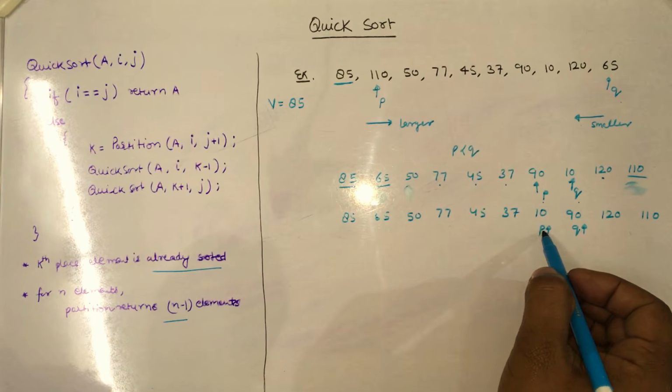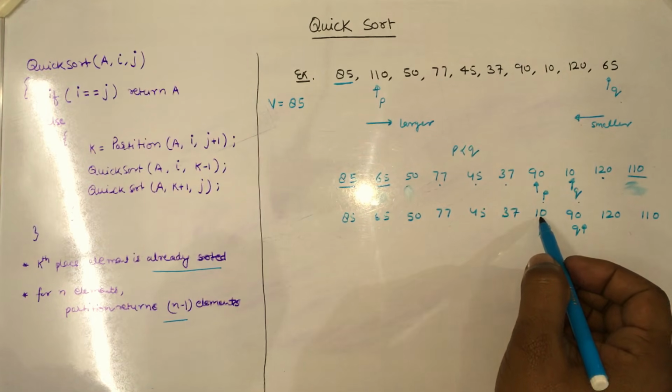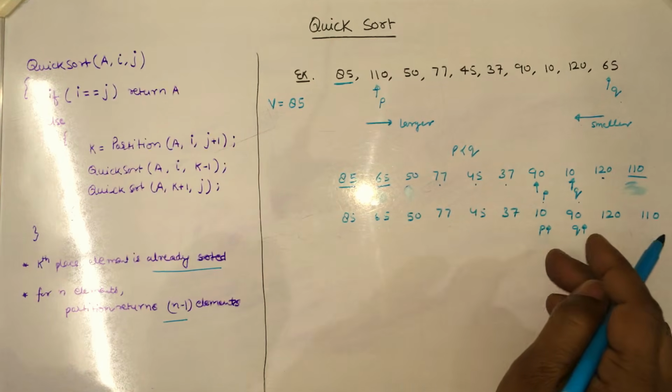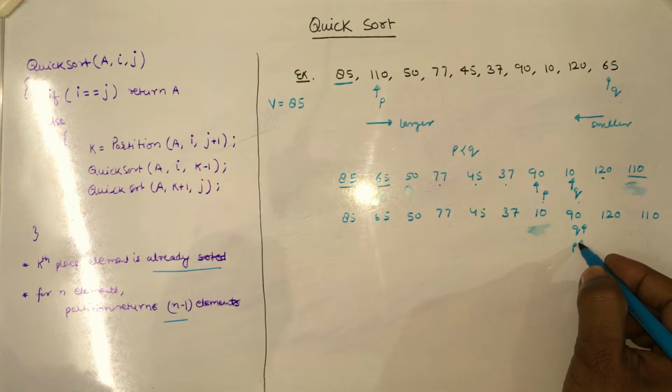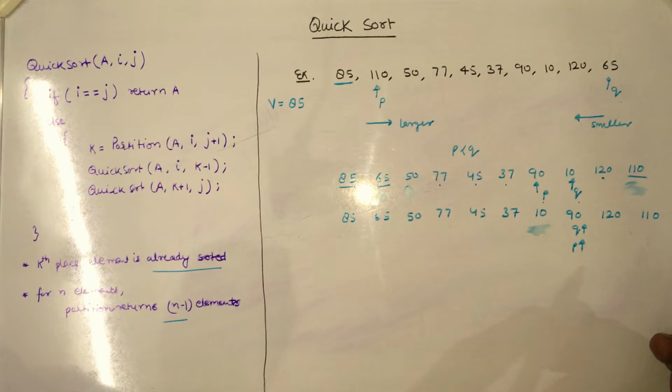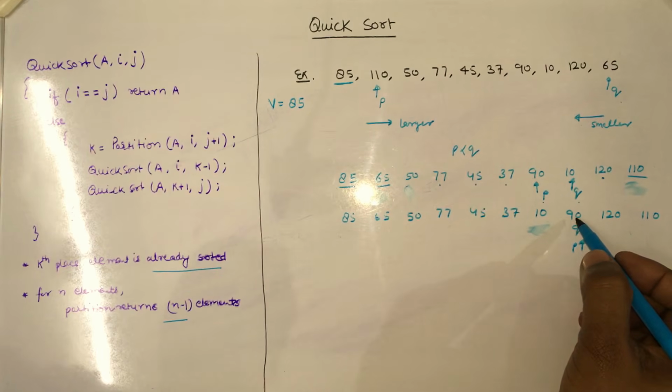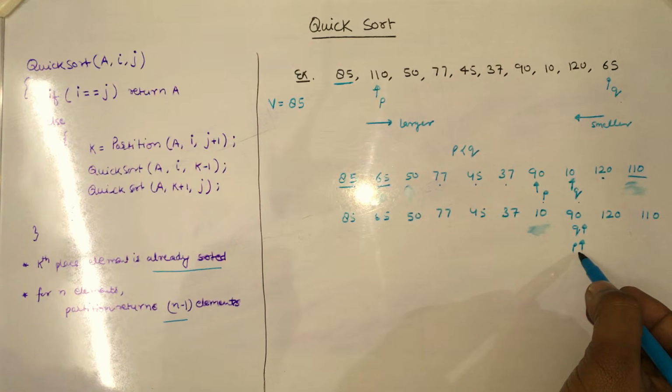I check P and find that P's element is less than the pivot, so I increment the pointer P, and P is now pointing to 90. Again I compare 90 with 85. I find it greater and I will stop P here.